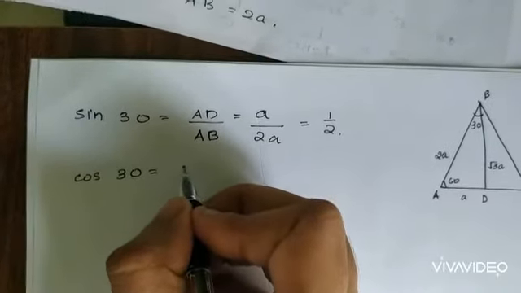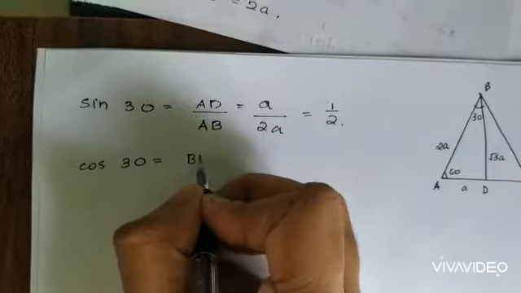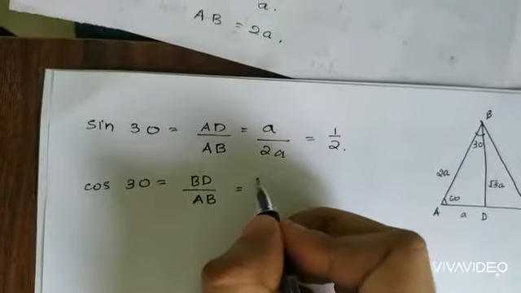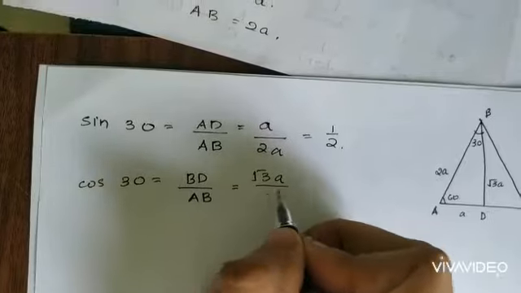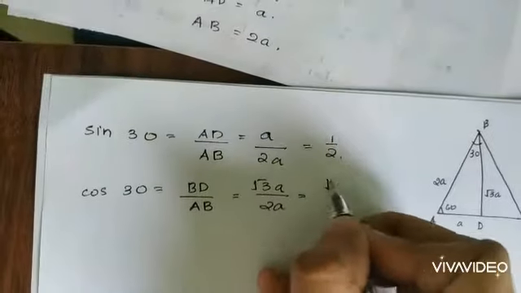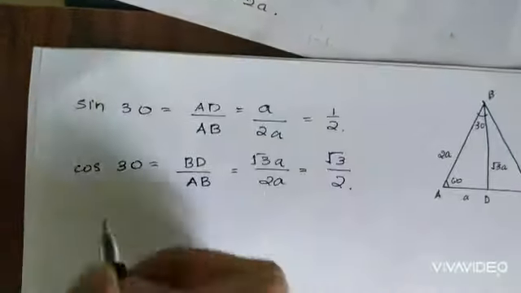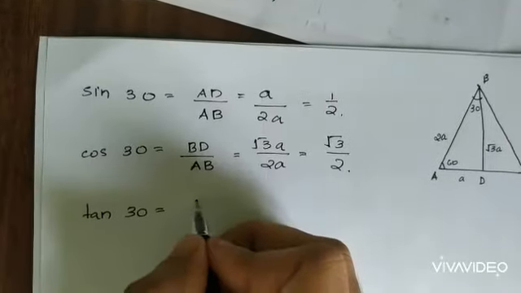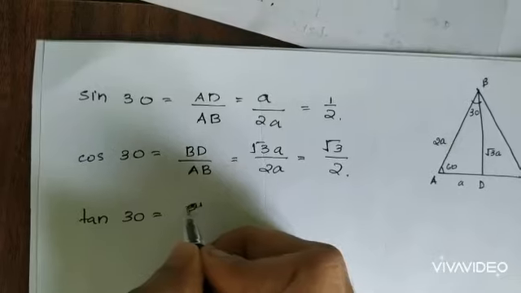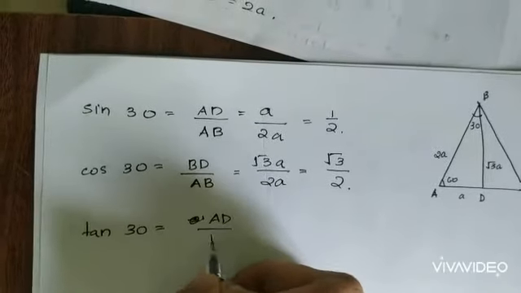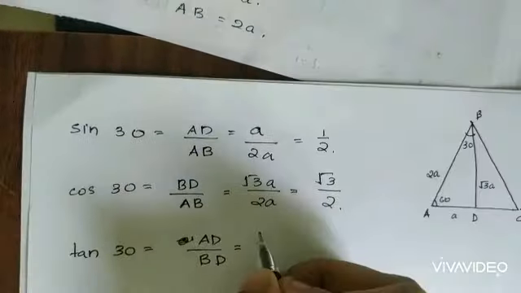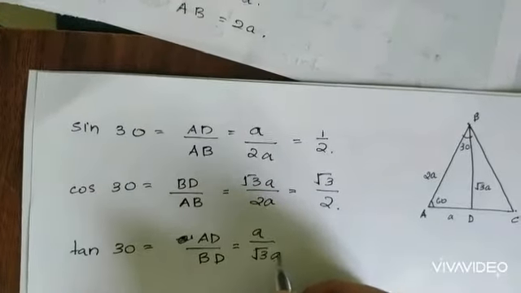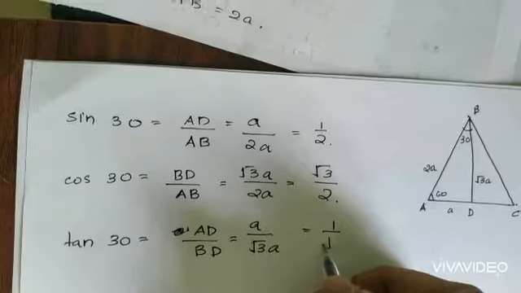The adjacent side with reference to the angle is BD and the hypotenuse is AB. This is equal to root 3A by 2A, which is equal to root 3 by 2. Now, tan 30 is opposite side by adjacent side, here opposite side is AD and adjacent side is BD. This is equal to A by root 3A, which is equal to 1 by root 3.